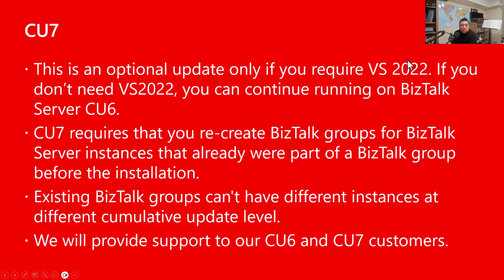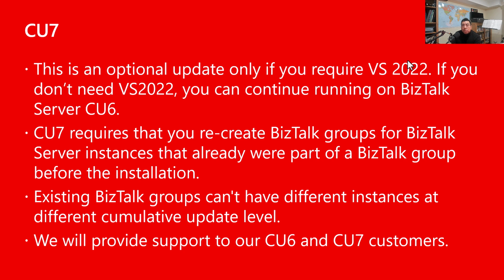Now, for CU7, there is a major change compared to other cumulative updates. This is an optional update, only if you require VS 2022. If you don't need VS 2022, you can continue running BizTalk Server CU6.